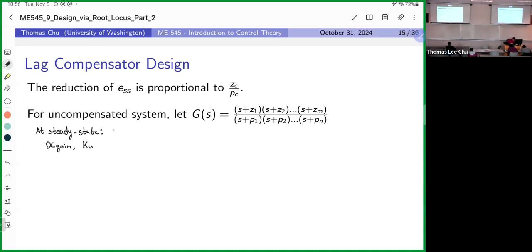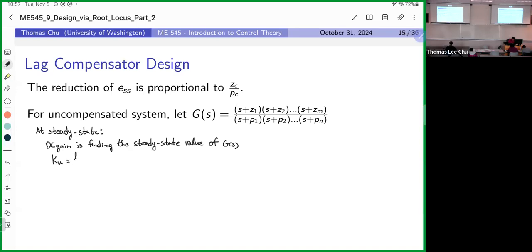So maybe I'll write it down. DC gain is finding the steady state value of G of S. So let me call that KU for K uncompensated.